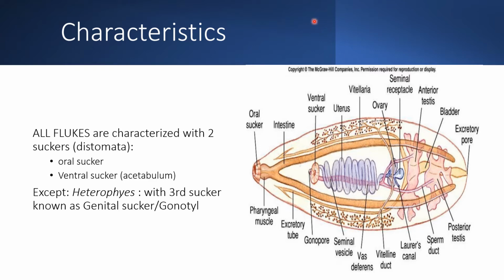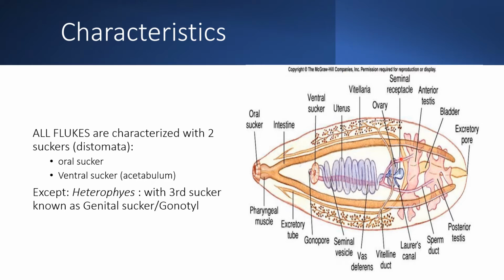For the male reproductive organs, it consists of a number of testes present near the cecal end, and then the vas efferens arise from each testis, joining to form a common vas deferens. So these are the testes of the adult worms.